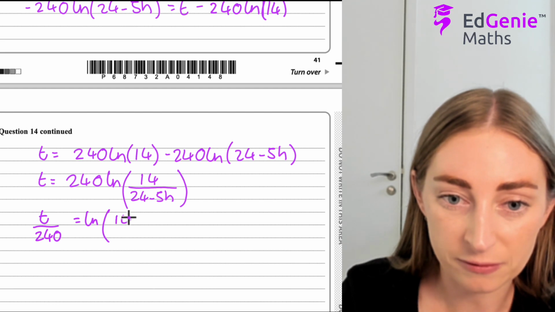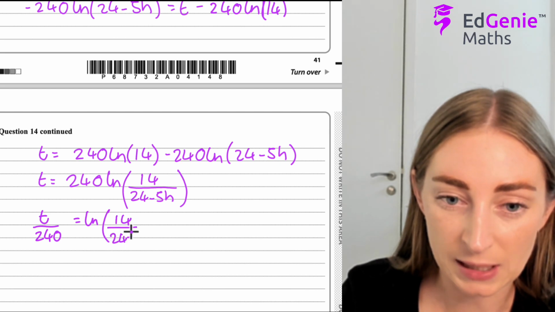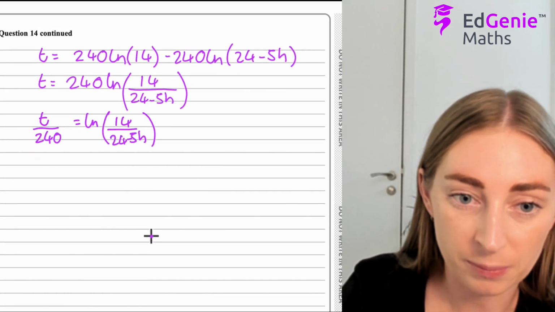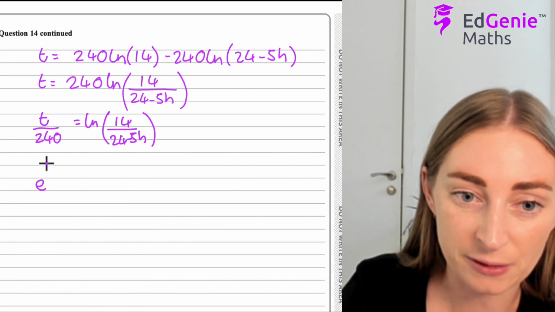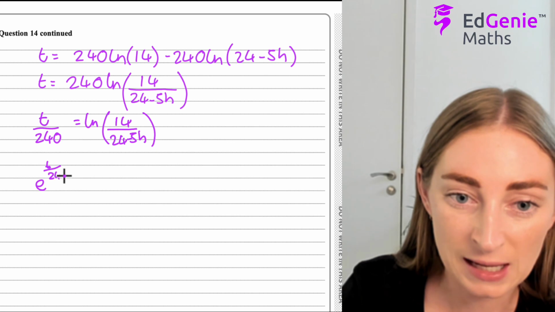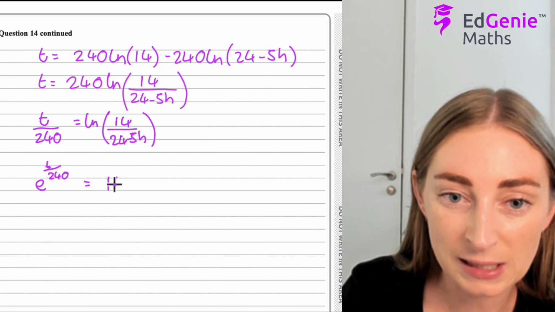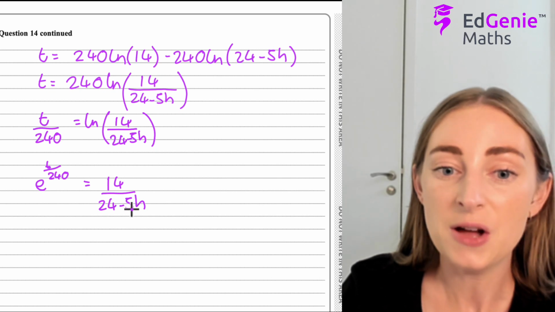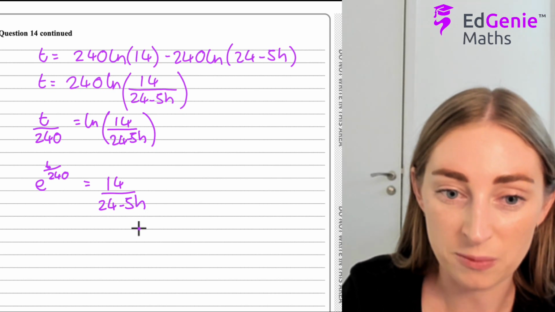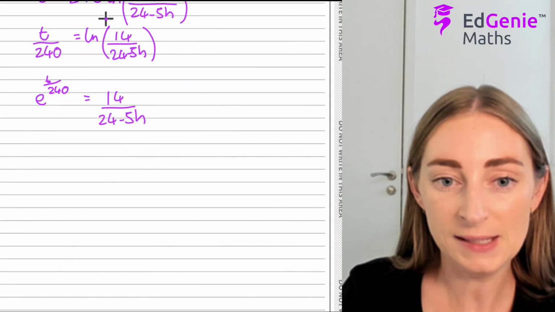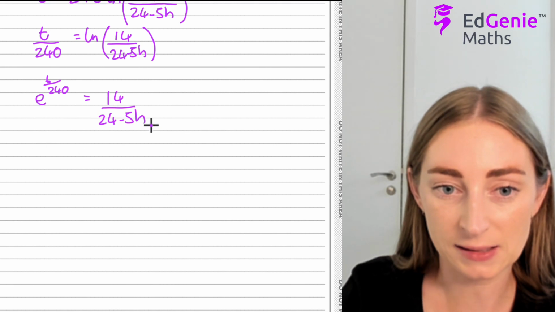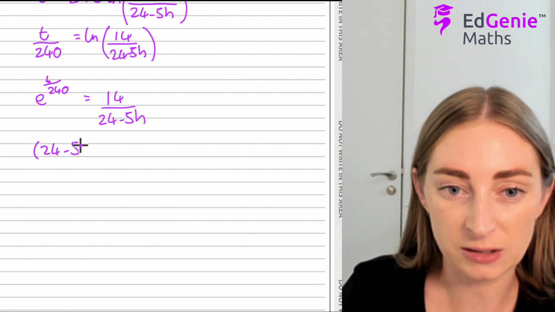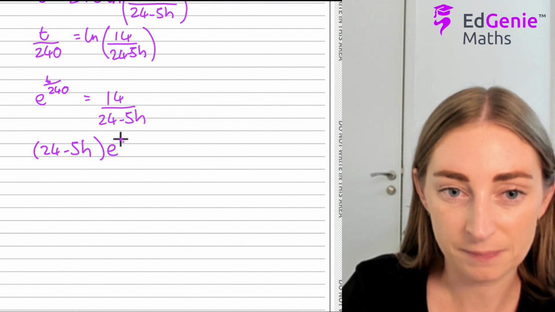And that's going to be helpful because then I can take the exponential because we want h to be the subject. So I'm going to put this as e to the power of t over 240 equals 14 over 24 minus 5h. Multiply by 24 minus 5h. This actually is the same as, let me show you, 24 minus 5h multiplied by this.